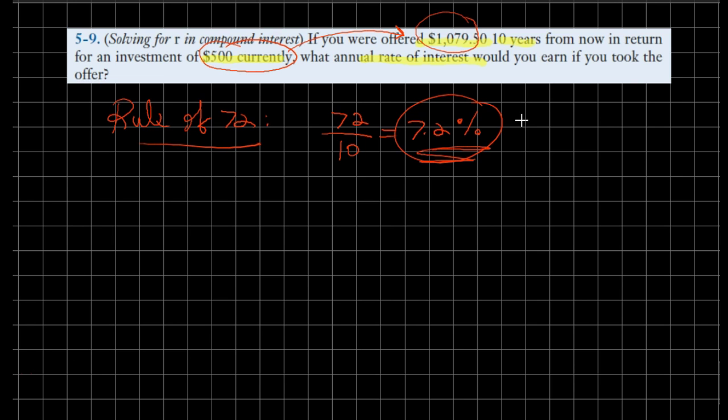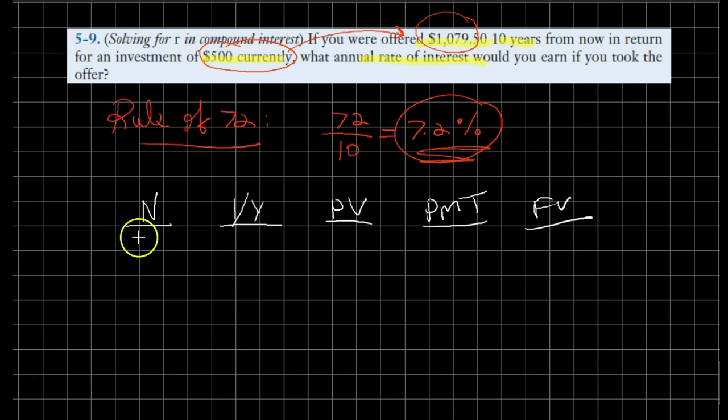I would like to directly use the financial calculator to solve this problem, and it would be pretty straightforward actually. We just use our typical keys here: N, I/Y, PV, PMT, and FV. We're investing for 10 years. That's N. I/Y is what we want to learn, our rate of return on this investment.